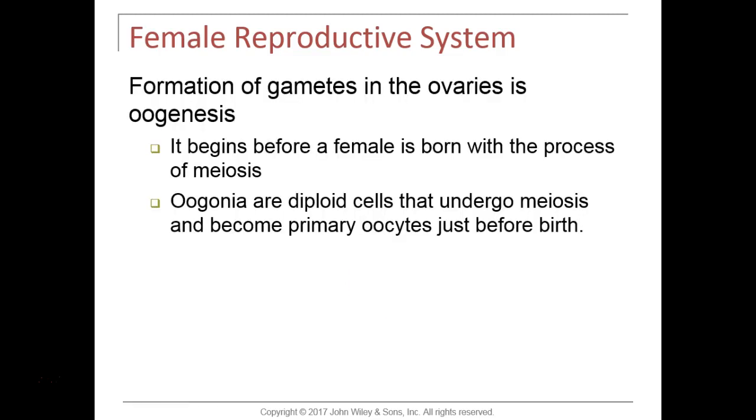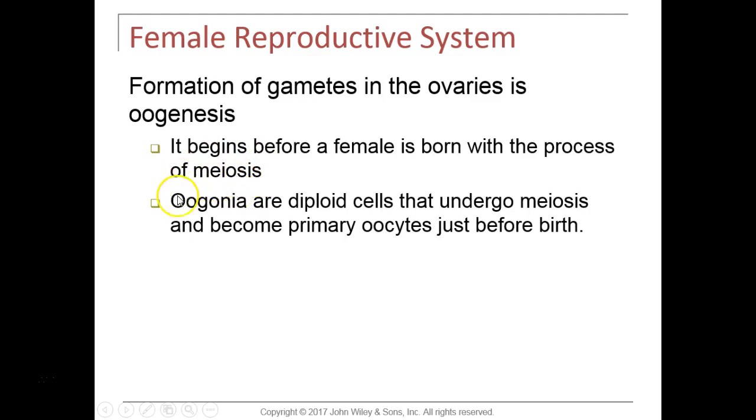So let's talk about the formation of the egg cells or the female gametes. That process is called oogenesis. The process of sperm production in a male is called spermatogenesis. In the female it is called oogenesis. So oogenesis basically is the meiotic process that occurs in follicles within the ovary.